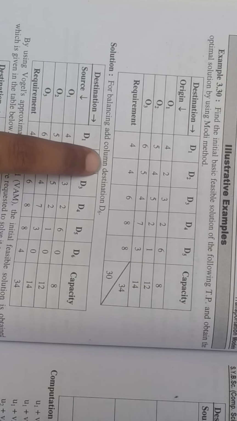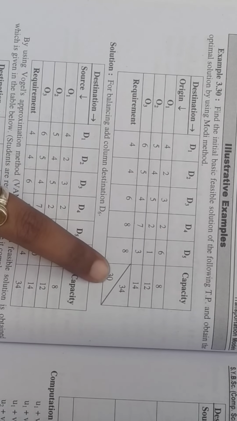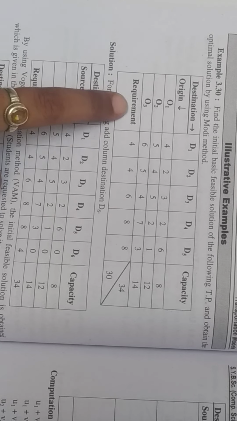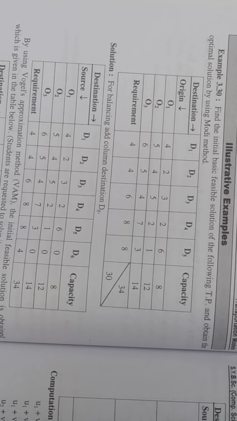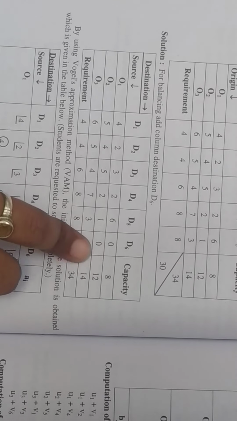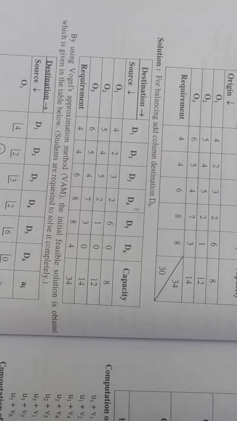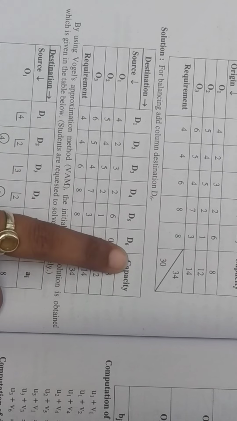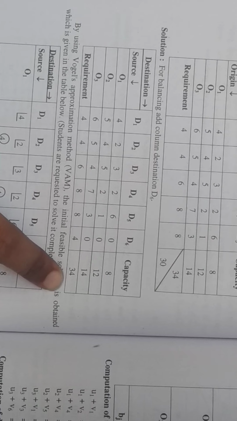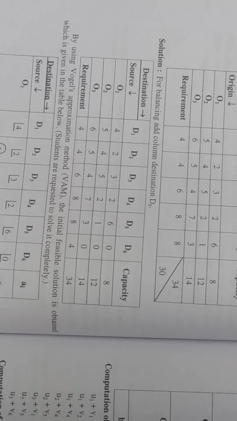So for balancing, add a destination column D6. Since the requirement is less, we add the dummy column D6 with cost 4. Now the total capacity is 34 and the requirement is also 34. Therefore, the transportation problem is a balanced transportation problem.